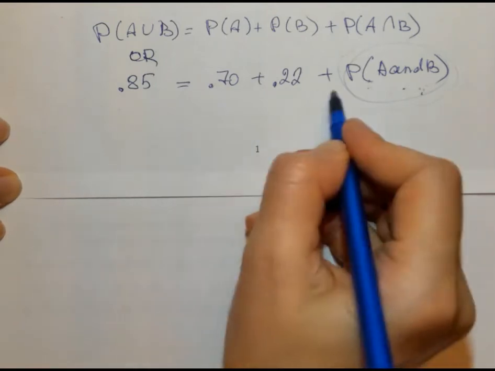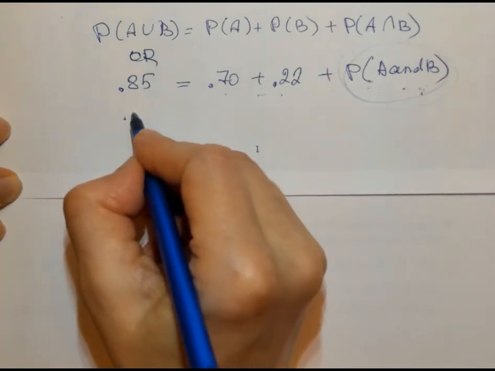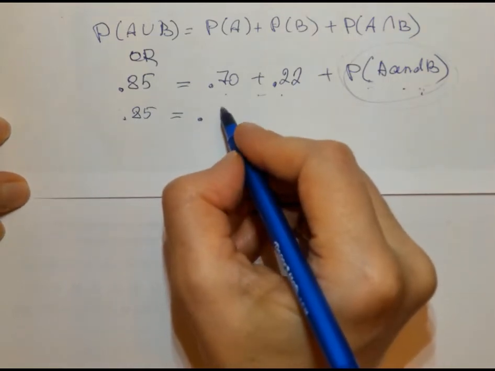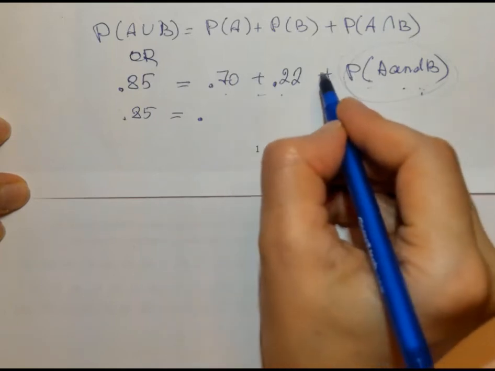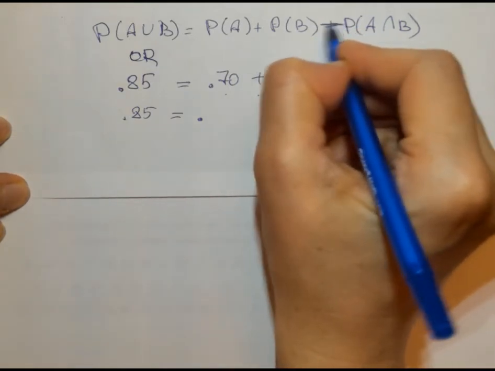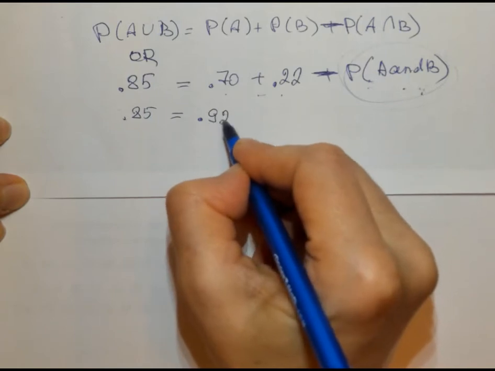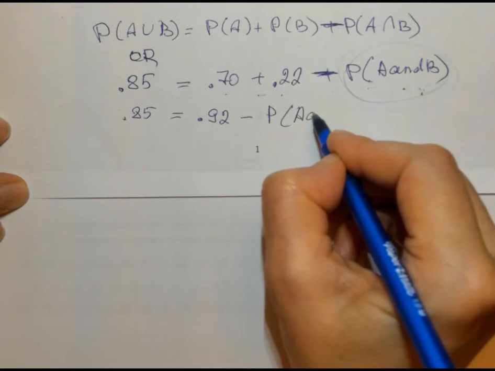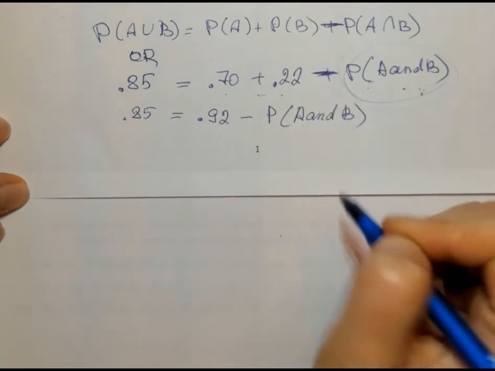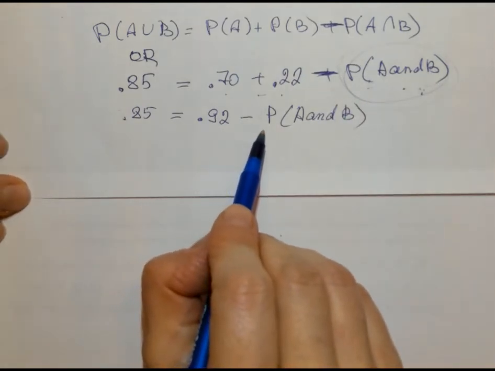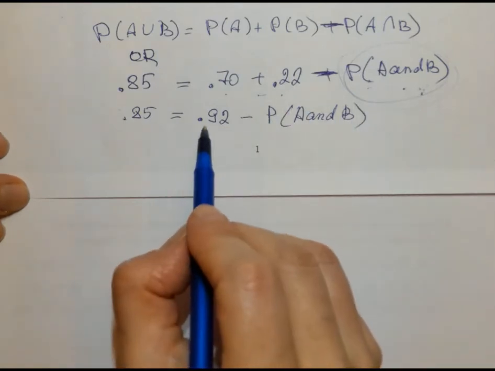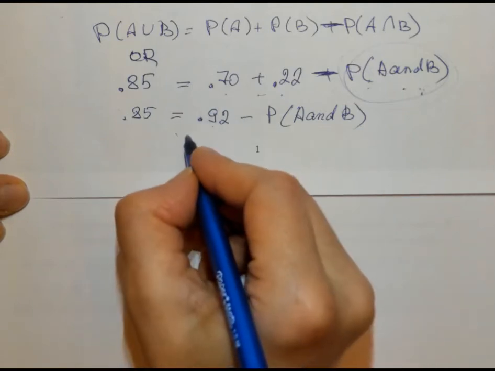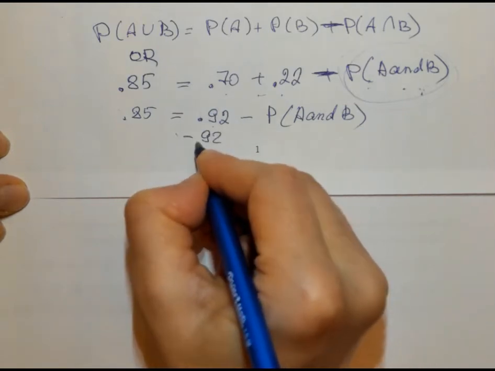So thus we can add these two probabilities. 0.85 equals 0.92 minus probability of A and B. So to find this P, we can, for example, subtract 0.92 from the left and from the right.